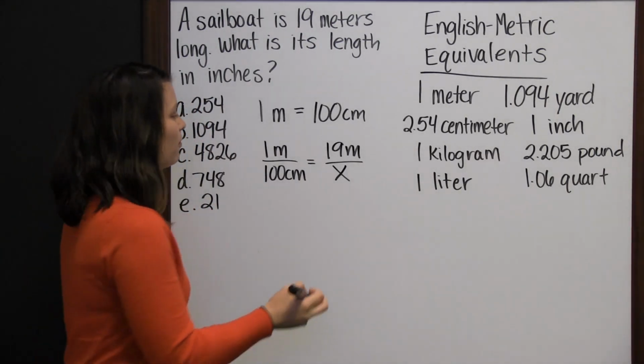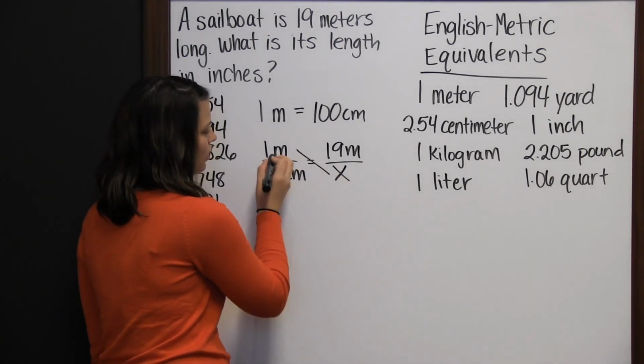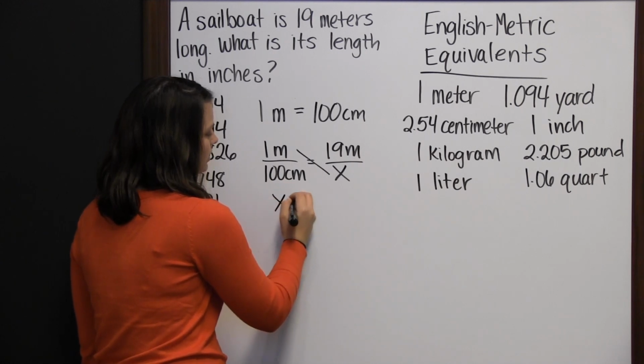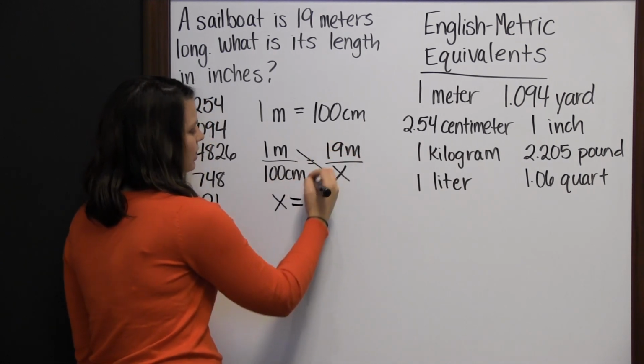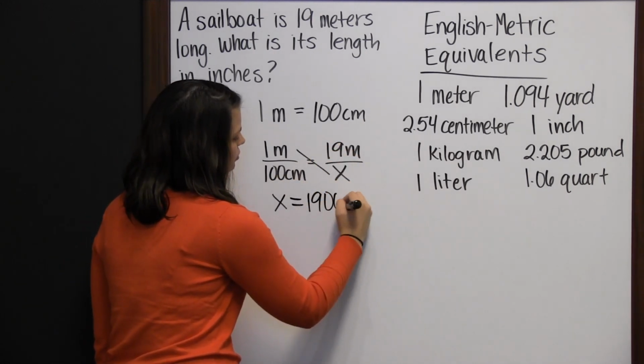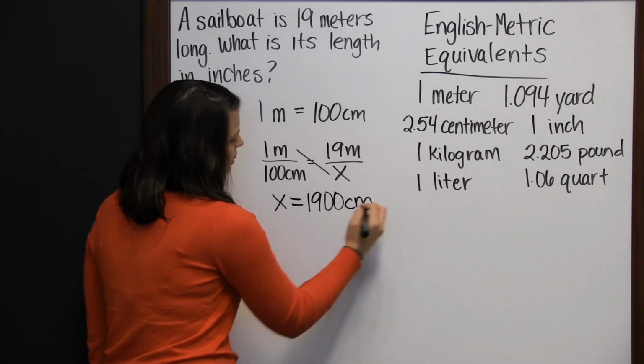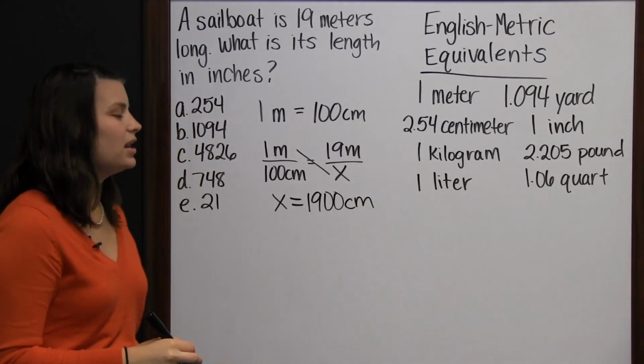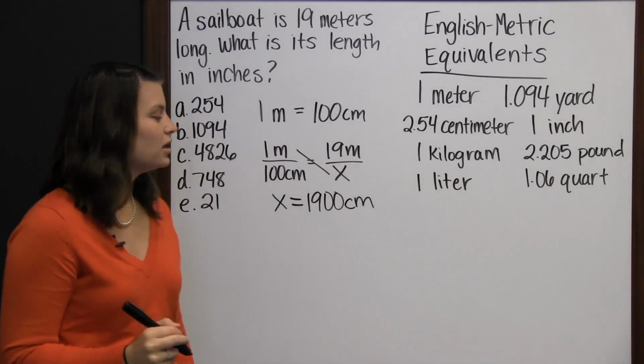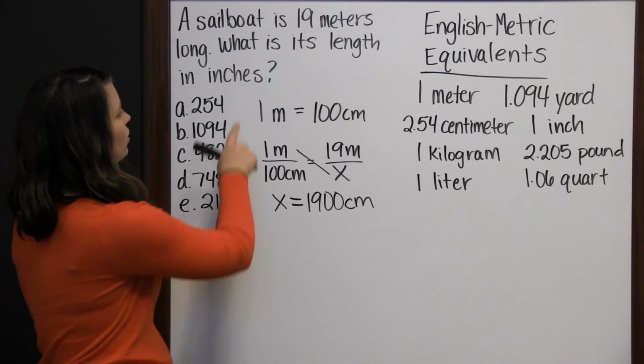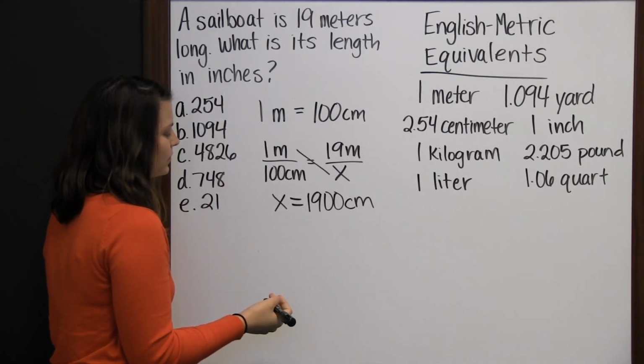And then to solve the proportion, we cross multiply. 1 times x is x, and 100 times 19 is 1900. So it's 1900 centimeters.